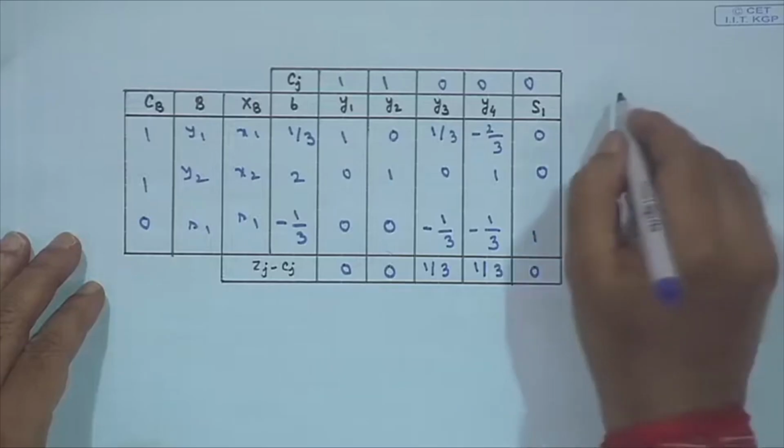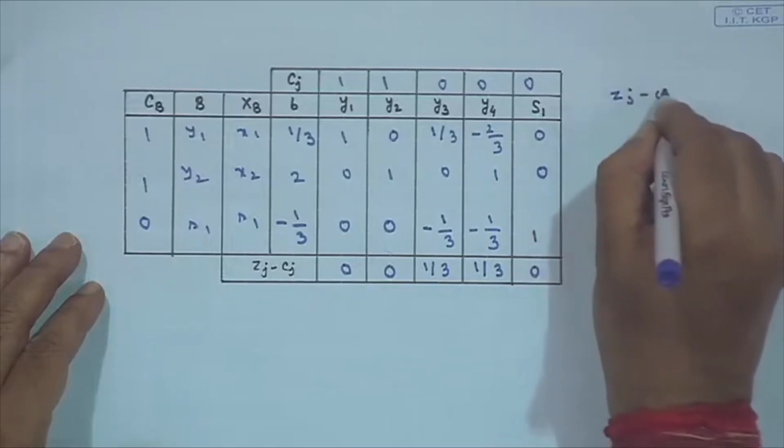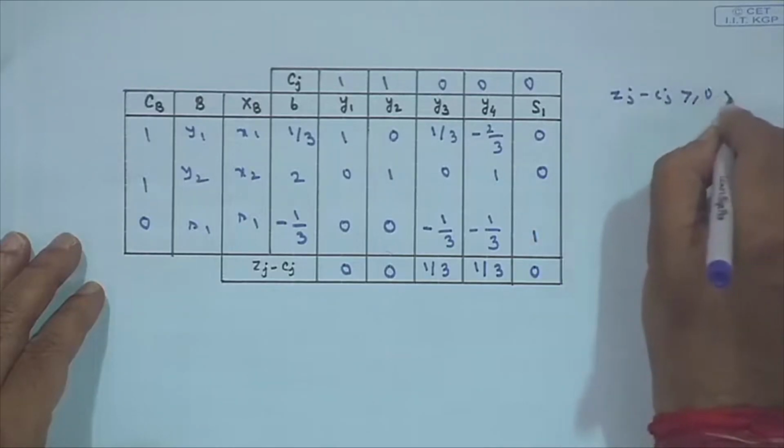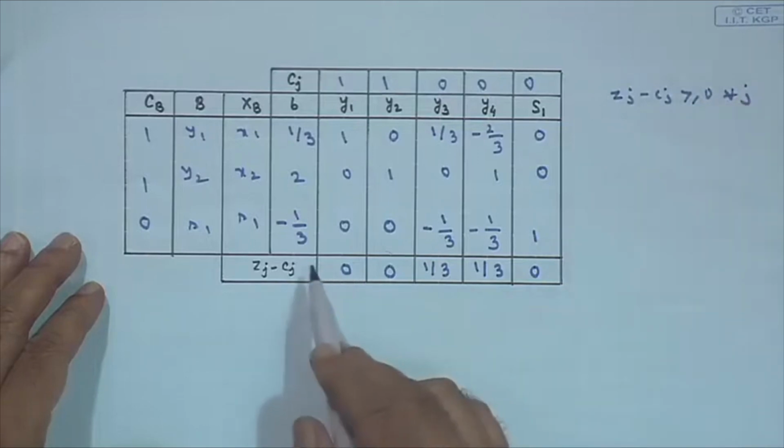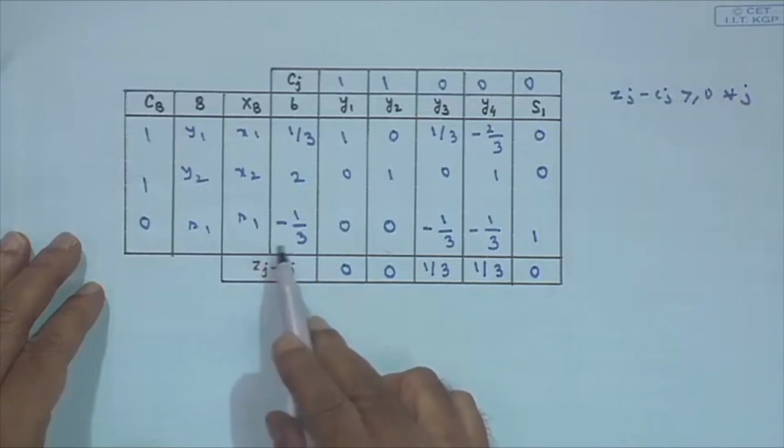If you see here, your Zj minus Cj is greater than or equal to 0 for all j, but the value of one of the basic variables is negative here.